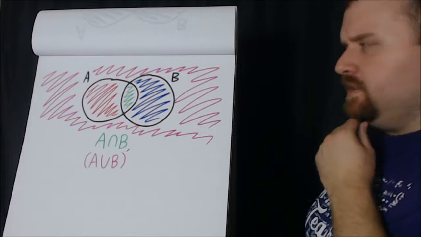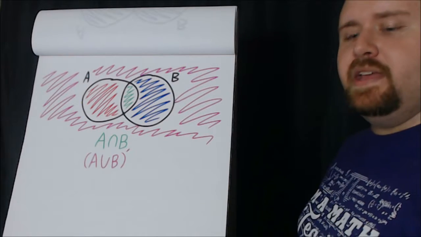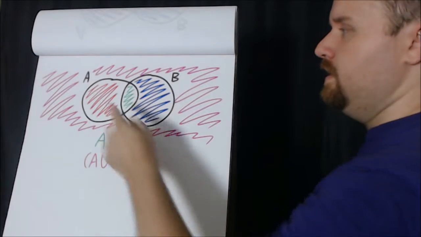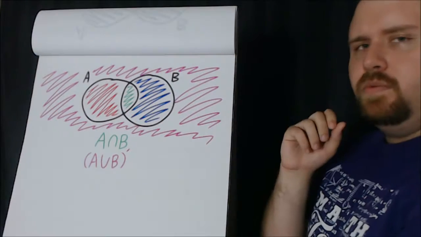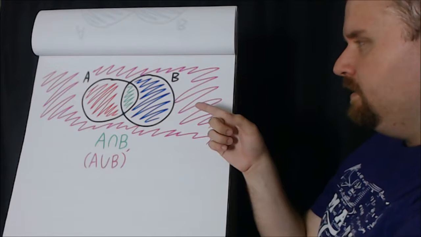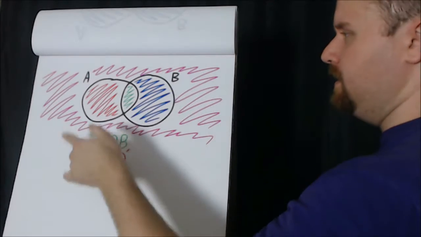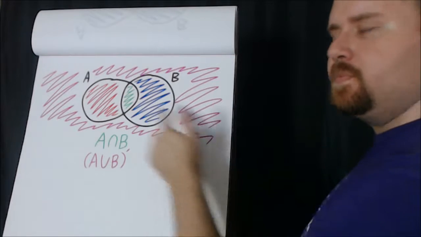Now, the other two sections are a little bit harder, but we should be able to see that if I can figure out how to write the red section, then that will tell me how to write the blue section. We're going to look at it this way. If I wanted to depict set A, it includes the red section and the green section. Now, I only want the red section.